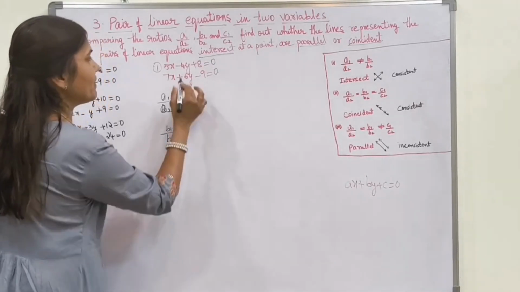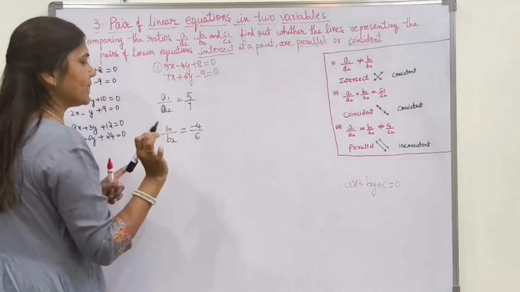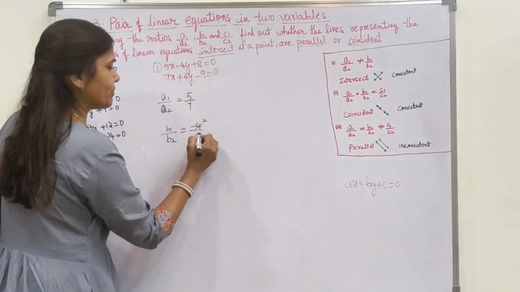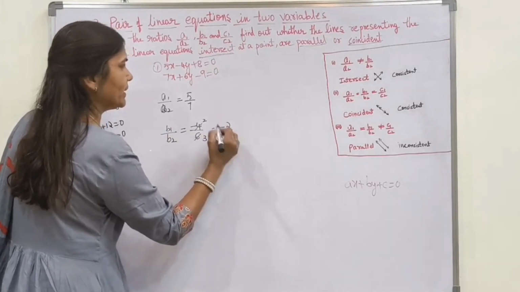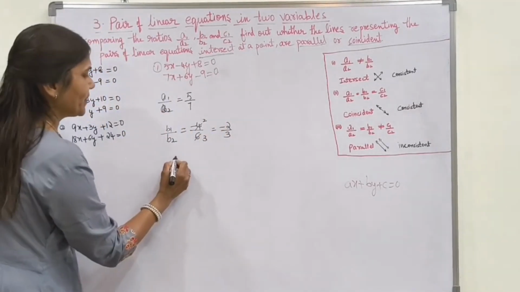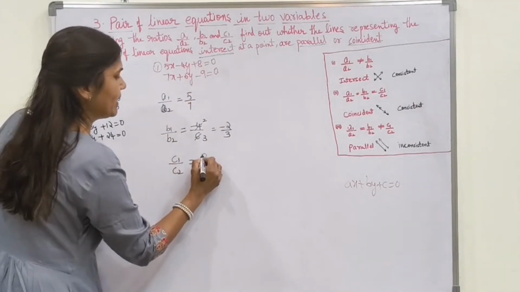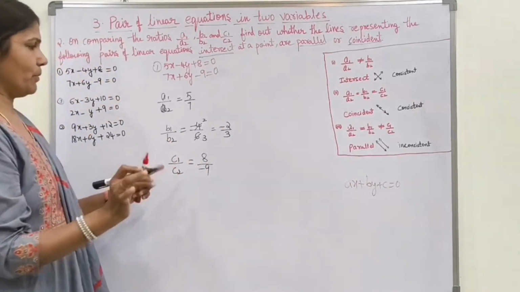B1 is minus 4, B2 is 6. See here, any cancellation possible? Yes, 2 is common. 2 2s are 4, 2 3s are 6. What is the answer? Minus 2 by 3. Next, third one, C1 by C2. C1 is 8, C2 is minus 9. Here any cancellation possible? Not possible.